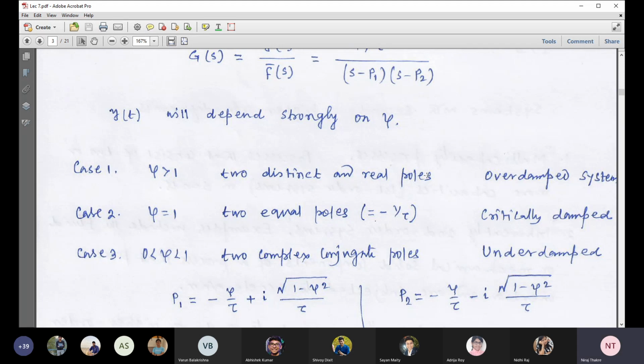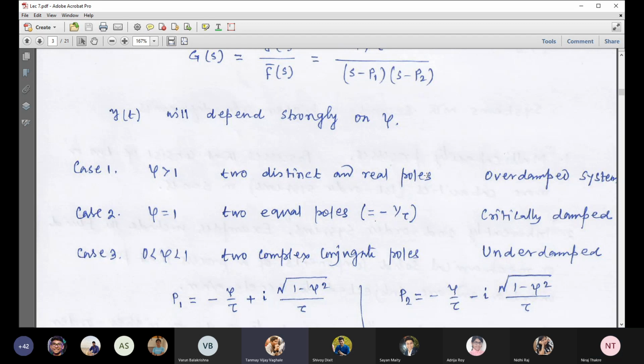So why have we considered the lower limit for zeta as 0, in fact greater than 0? Zeta is considered in case 3 in between 0 and 1. Why not 0 or less than 0? So zeta is damping factor and cannot be negative.